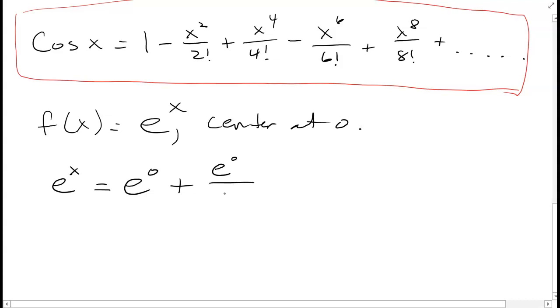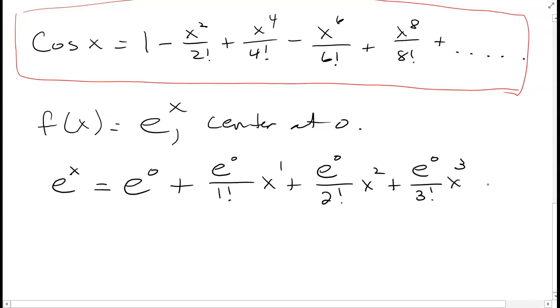So n equaling 1 is 1 factorial x to the 1, plus, what's the next derivative? It's still e to the x. So when n equals 2, you have 2 factorial x squared. e to the 0, 3 factorial x cubed, and so on.